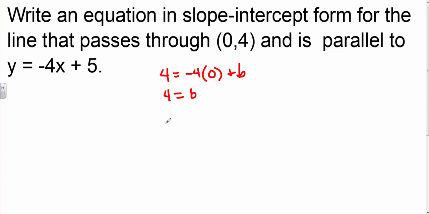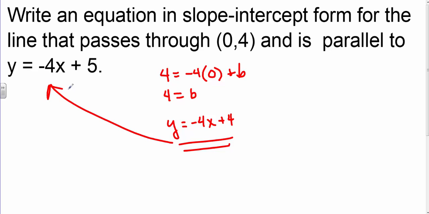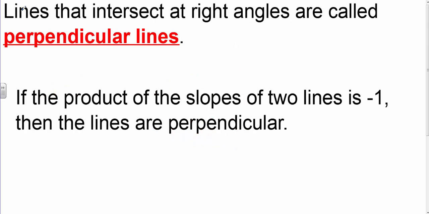So now we come over here and we go y equals. The slope is -4 because it's a parallel line. It's the same slope. x, and the b, or y-intercept, is 4. So this is the equation of the line that is parallel to this line. I hope that you got that.